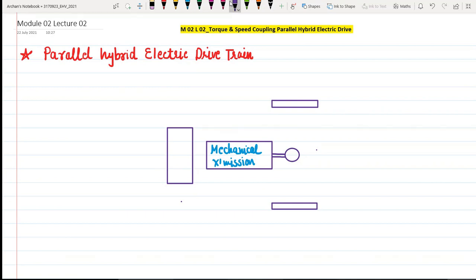You can say this is a final drive, or a differential, and this differential is also connected to the wheels of the vehicle. Remember, this double line indicates the mechanical coupling.